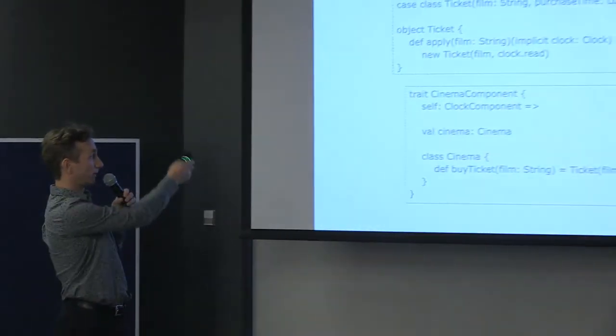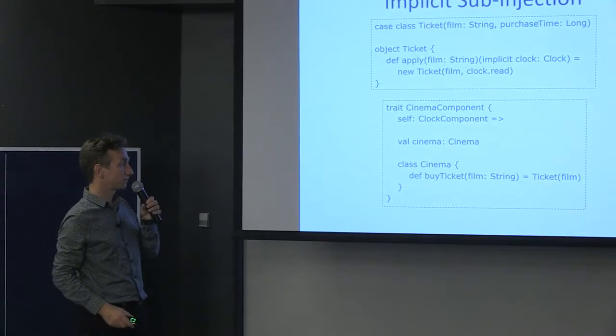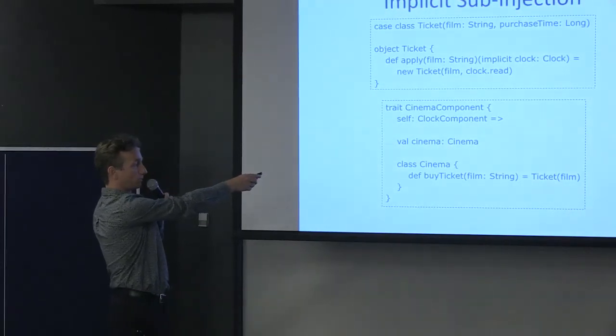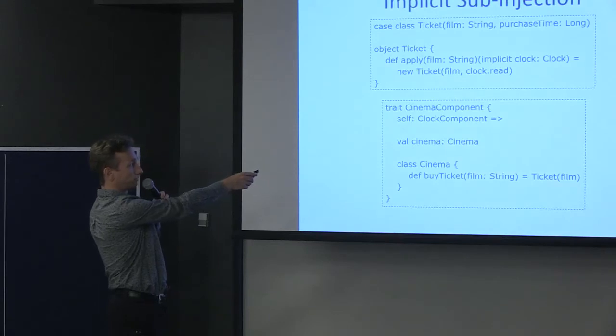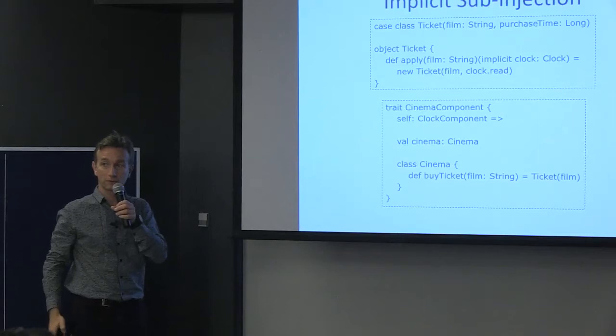So here you can see how we've made the cinema component depend on the clock component, and because it was an implicit clock, it's automatically set up into the ticket. When we buy a ticket, we do the ticket film, and it's picking up the implicit clock and reading the time.